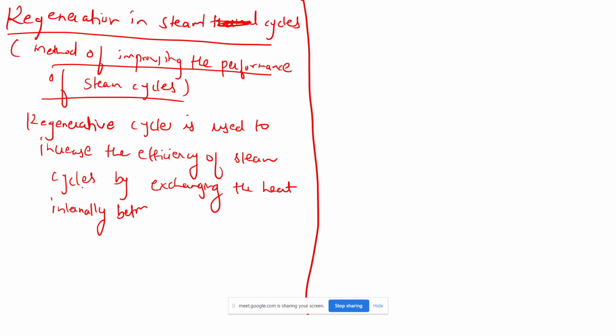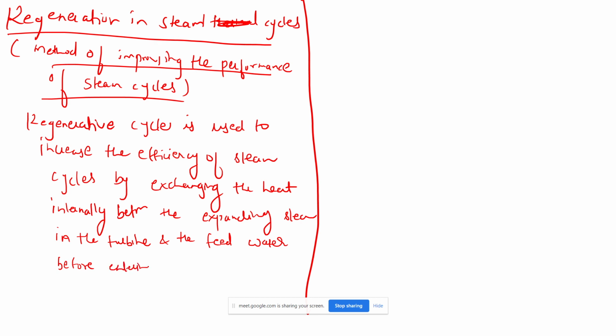First, we'll start between the expanding steam in the turbine and the feed water before entering the boiler.